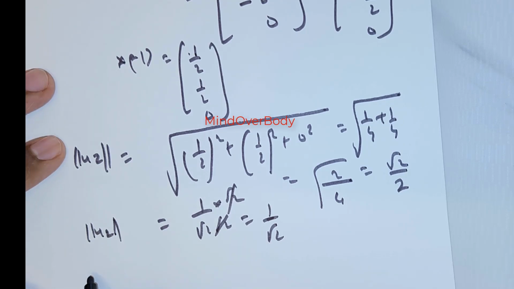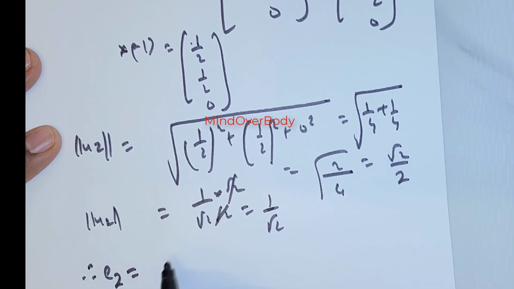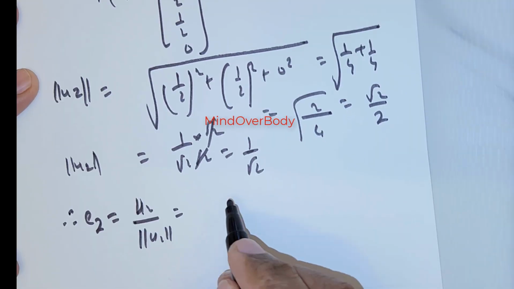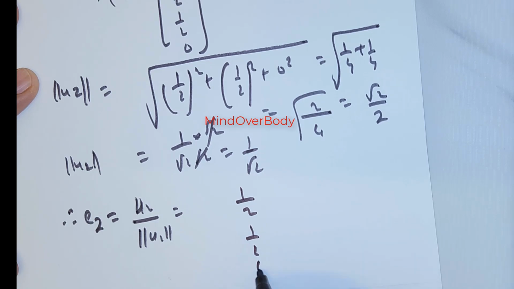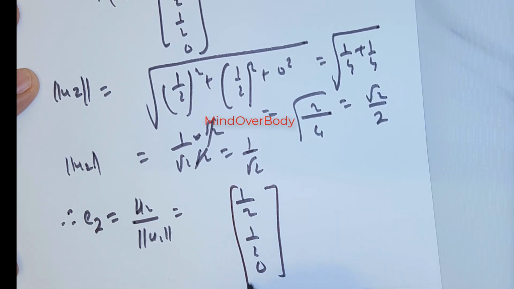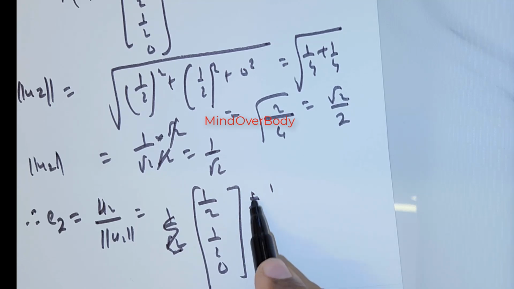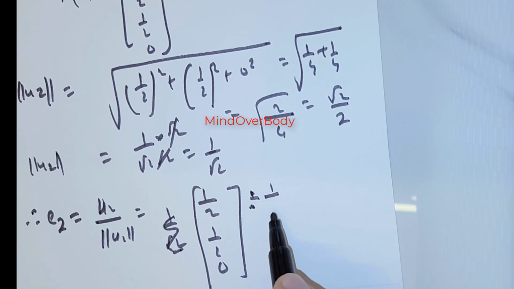So my E2: the other vector is u2 divided by the norm of u2. My u2 is 1 over 2, 1 over 2, 0, divided by 1 over root 2.